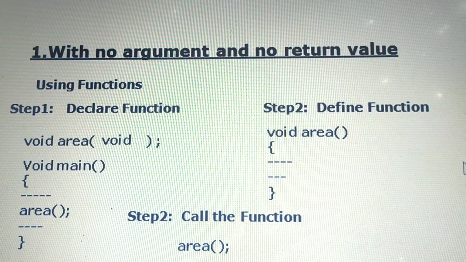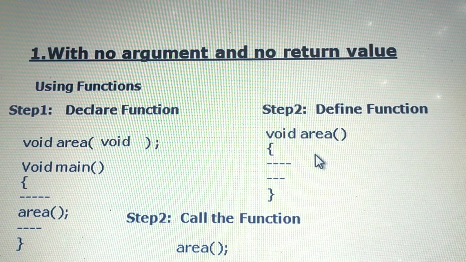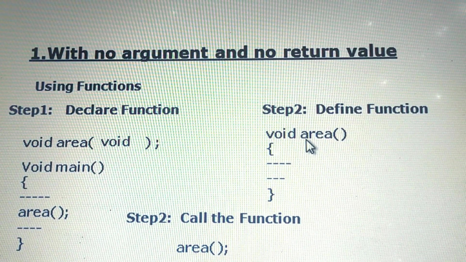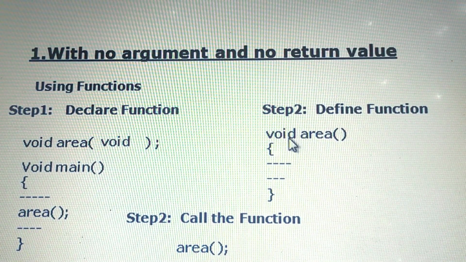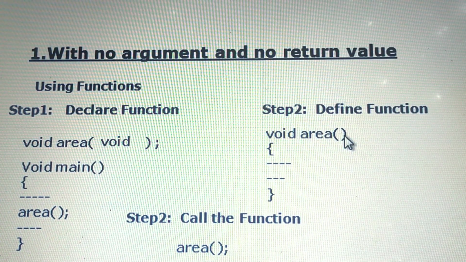Next step, how to define the function. What is the general syntax for defining the function? First the return type void, then the name of the function, area, then the parameter list within brackets. But here there are no arguments to pass, so no parameters are required to store values.